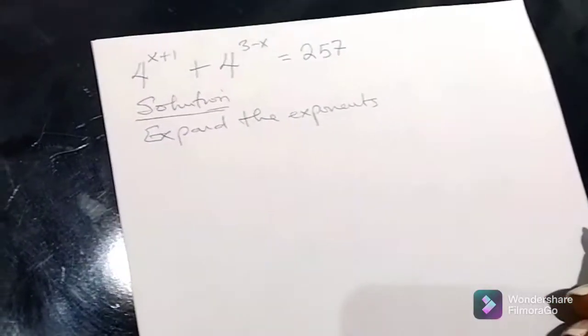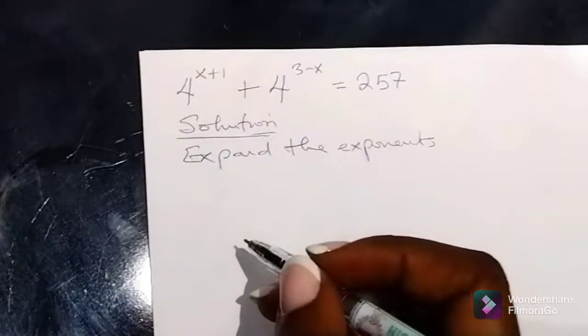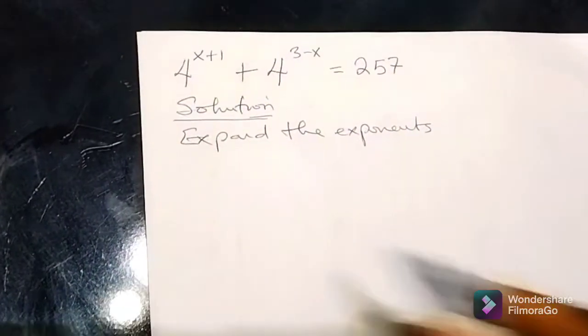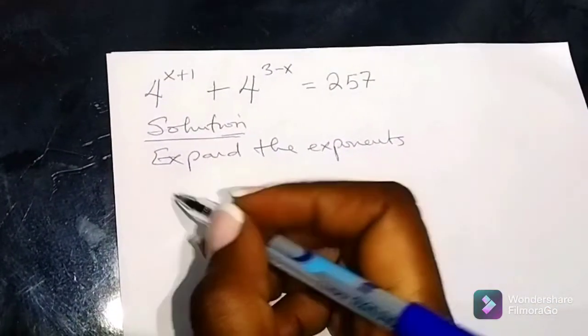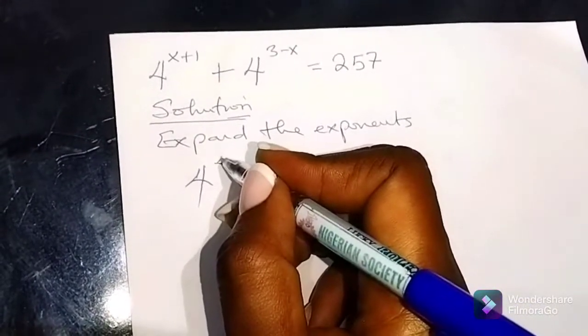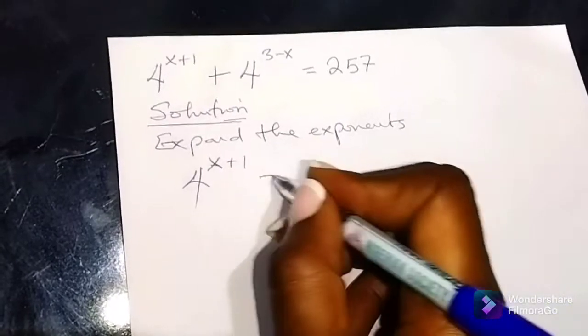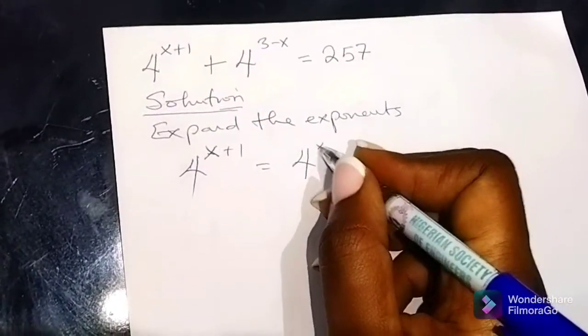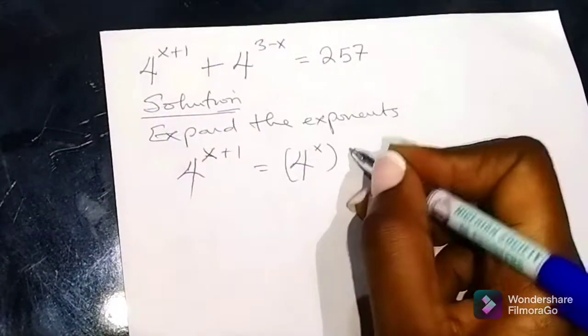The first thing we're going to do is expand the exponents. The first term is 4 raised to the power x plus 1, which gives us 4 raised to the power x times 4.